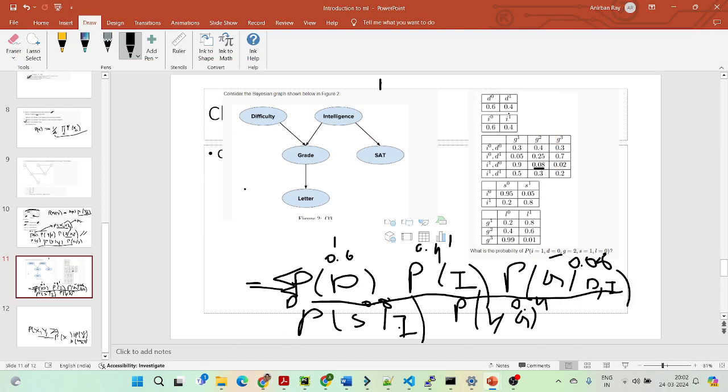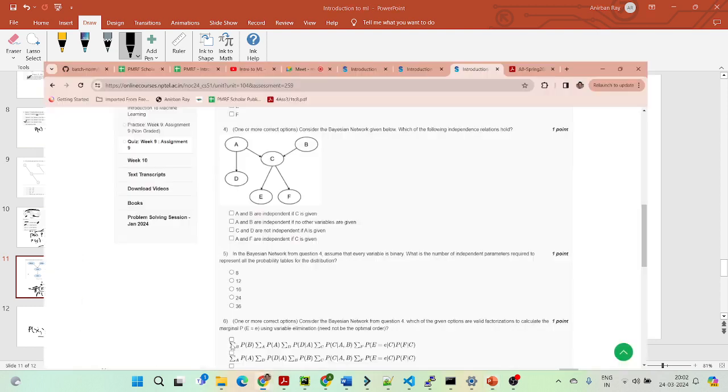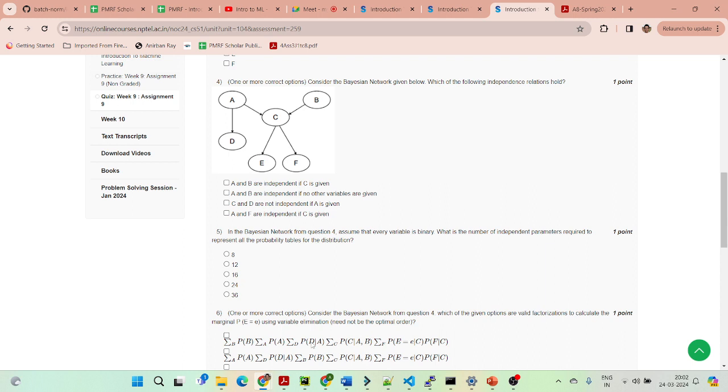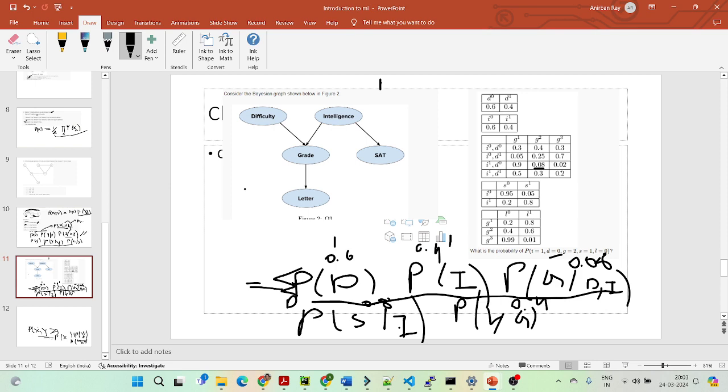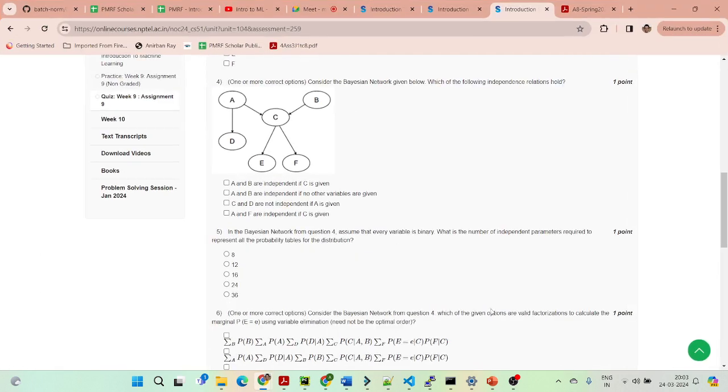Binary means 0 and 1. As you can see, 0 and 1 type. How many independent parameters are required? All the probability tables. What it means properly?